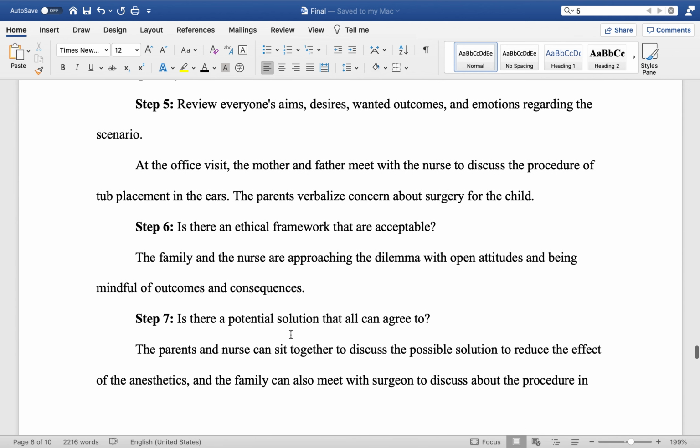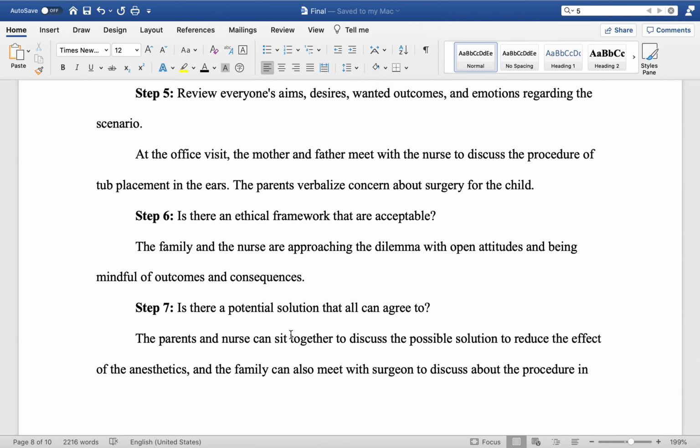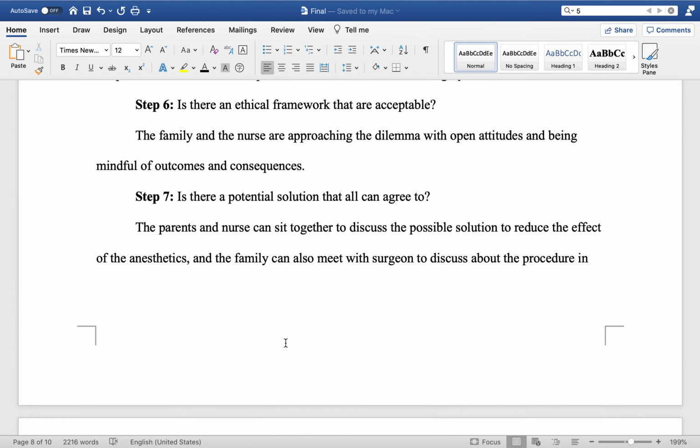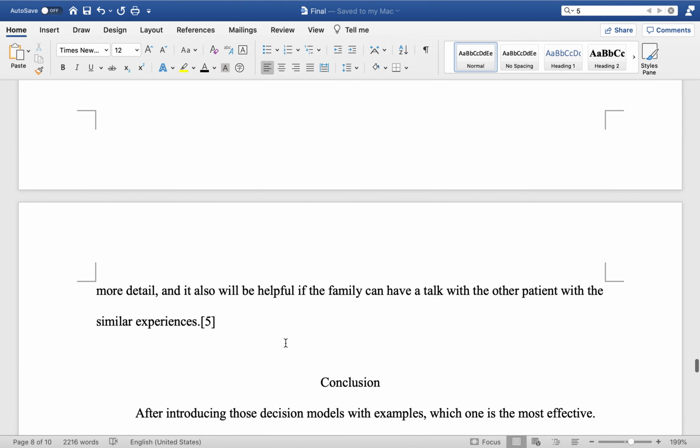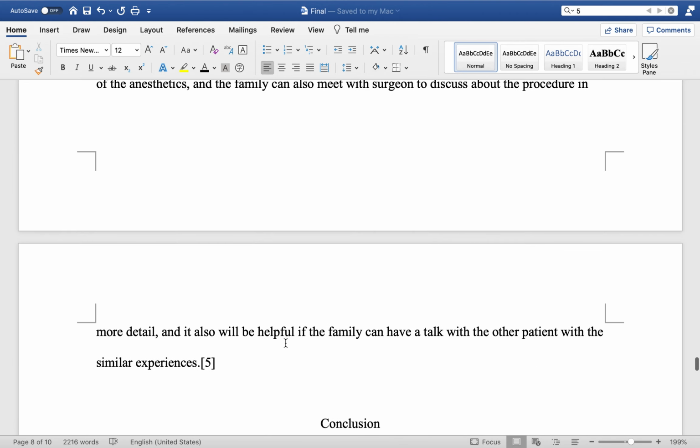Next step is, is there a potential solution that all can agree to? The parents and nurse can sit together to discuss a possible solution, and the family can also meet with the surgeon to discuss the procedure. It will also be helpful if the family can talk with another patient with a similar experience.